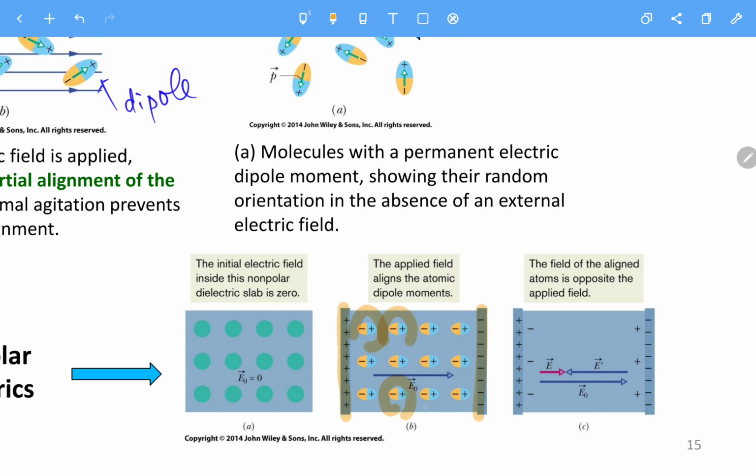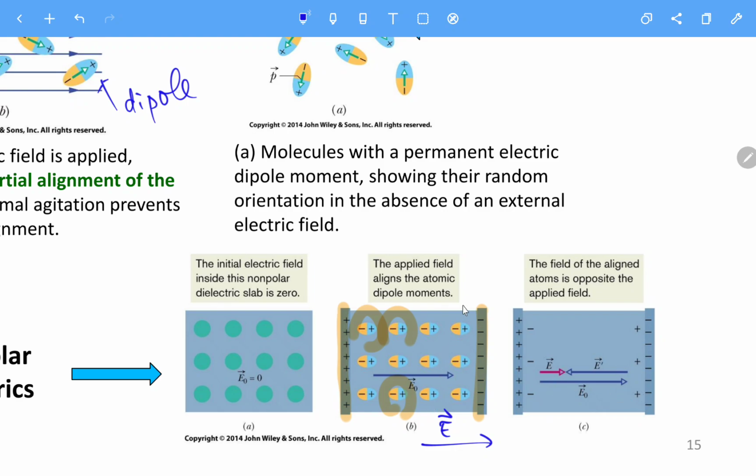So all the positive sides will point to the right side, and the negatives to the left, because inside the E field, for a positive charge, the force will be pointing to the right side. For the negative charge, the force will be pointing to the left side. So the external E field will make the dipoles align.